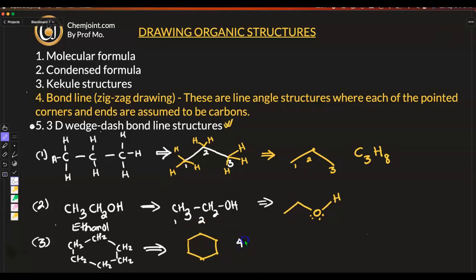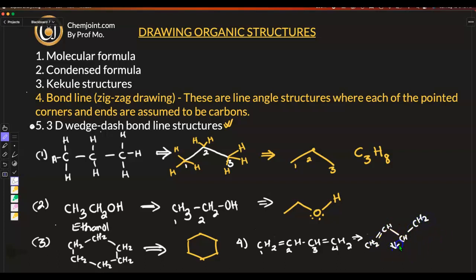Let us discuss another example, but this time we are going to include double bonds. So assume you have this molecule. Obviously, the molecule has 4 carbons. This can be translated to a CH2, double bond CH, a CH, then a CH2.